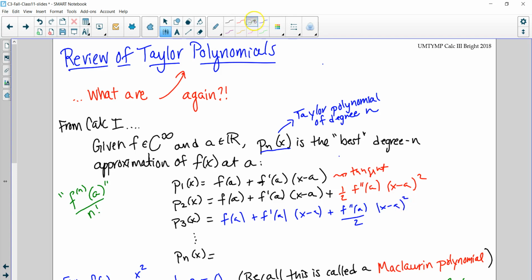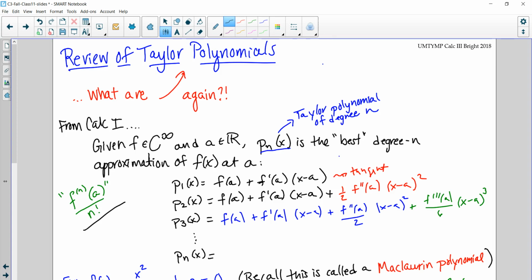And then the new part here is plus the third derivative evaluated at a over 6, times x minus a quantity cubed. Each time, for the nth degree, it's the previous Taylor polynomial plus the nth derivative evaluated at a over n factorial, times x minus a to the nth.